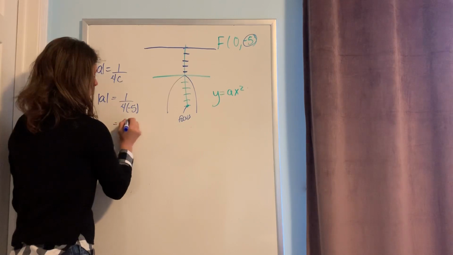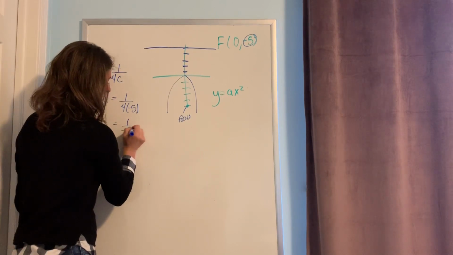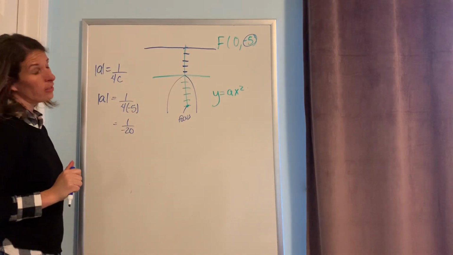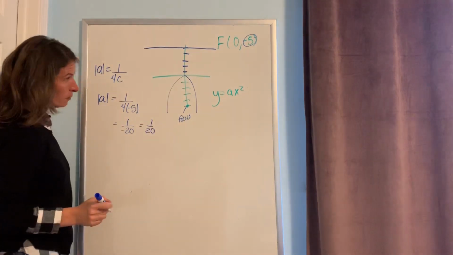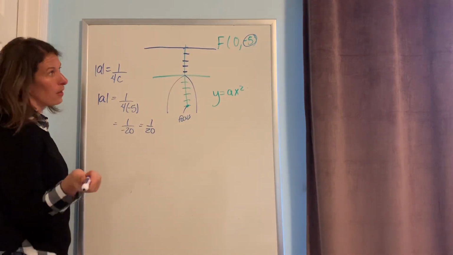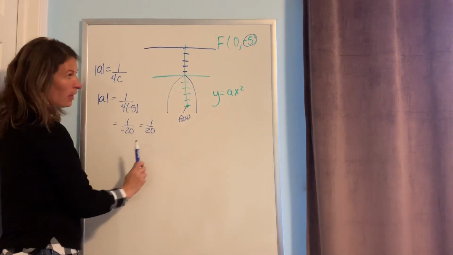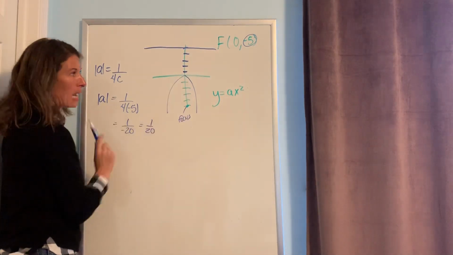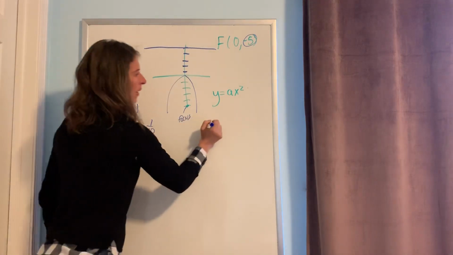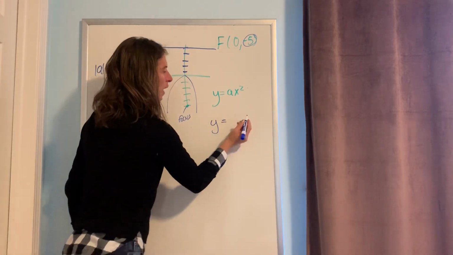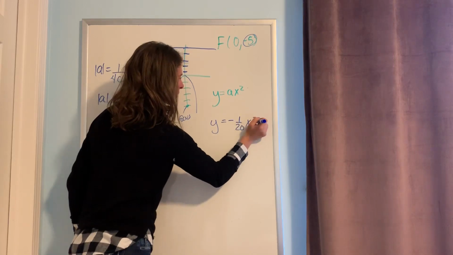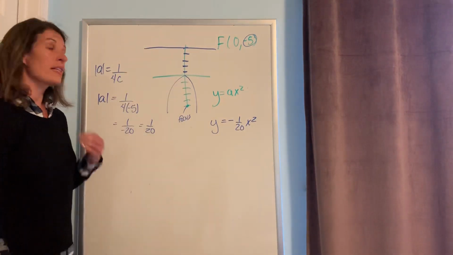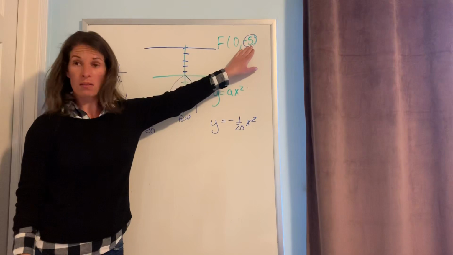That's equal to 1 over -20. This is the absolute value, so it's equal to just 1 over 20. Now, because it's encompassing my -y, my equation is y equals -1 over 20 x squared.